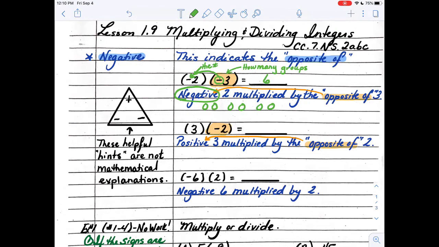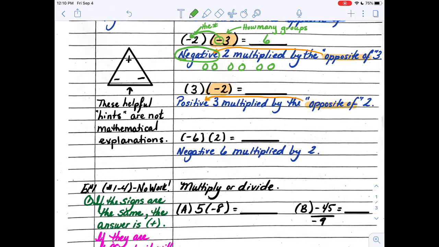So let's look at the next one, which says 3 times -2. Well, the 3 is definitely a positive. That would be 3, and I need 2 groups of them. But notice there's a negative with that, which means I need to change that to the opposite of.